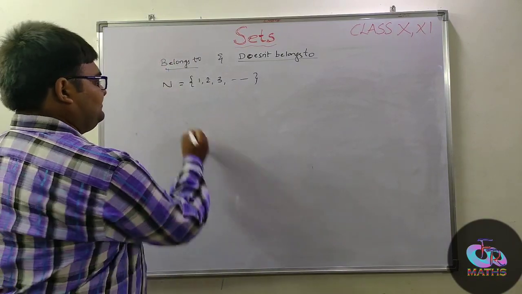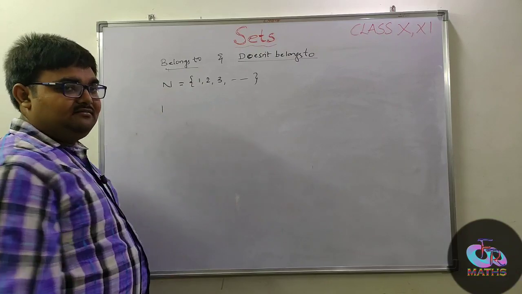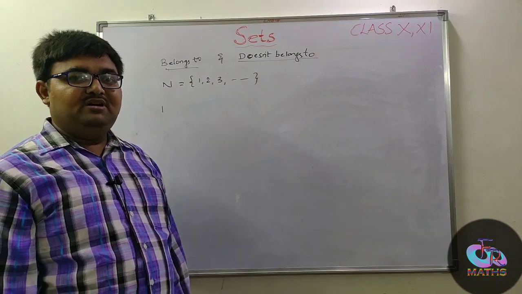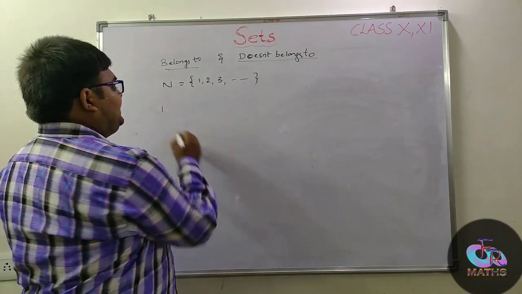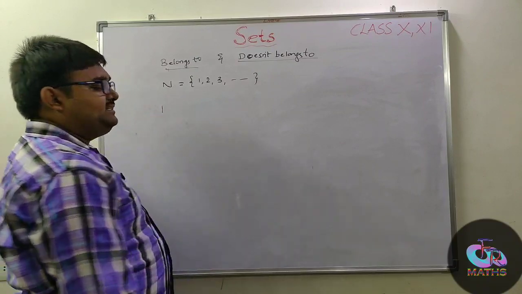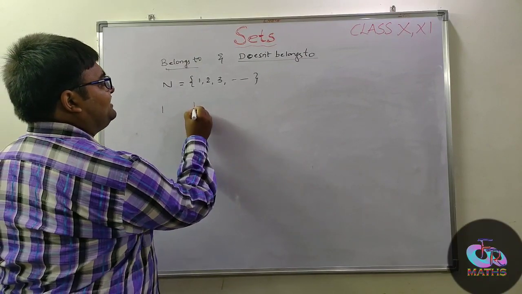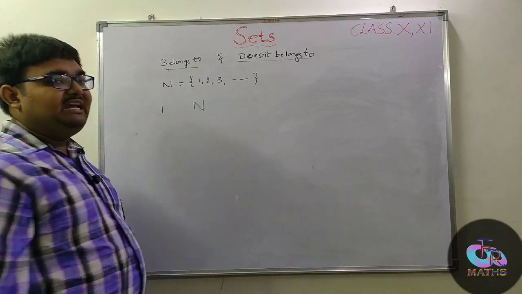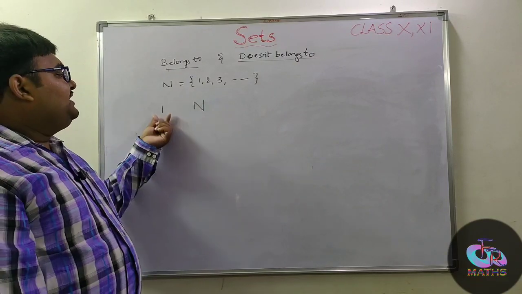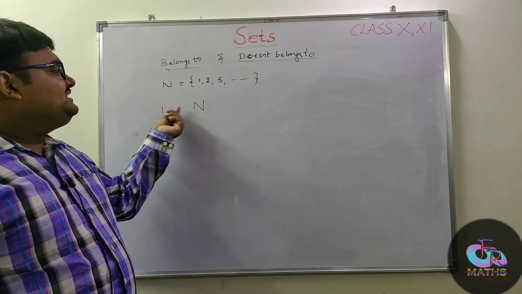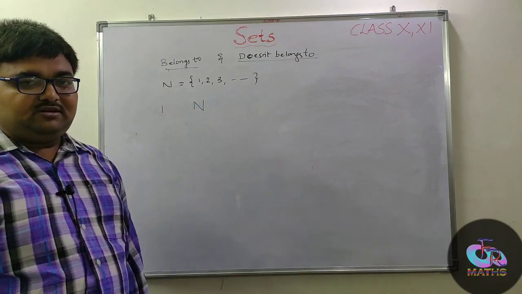So here, suppose I consider number 1, and I am considering the set of natural numbers. Now can you say 1 is present in the set N or not?